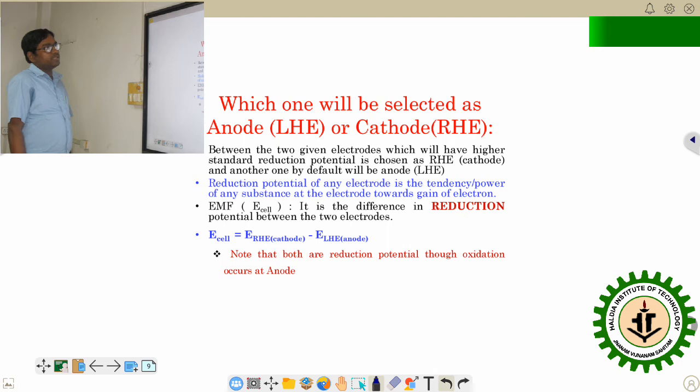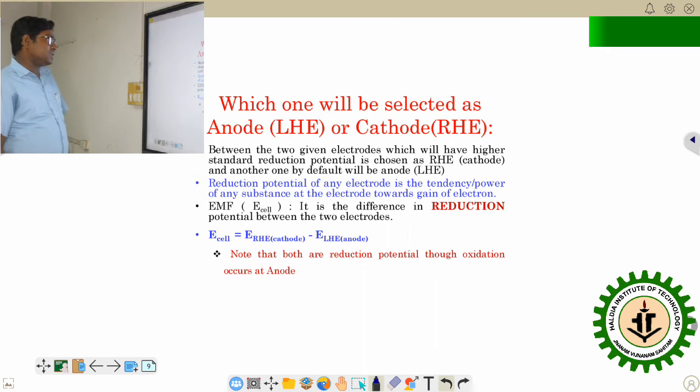So if you are given two electrodes, first you check what is the reduction potential of those electrodes. Then among the two given electrodes, the one having the higher reduction potential you use as right hand electrode or cathode, and the second one you use as left hand electrode.